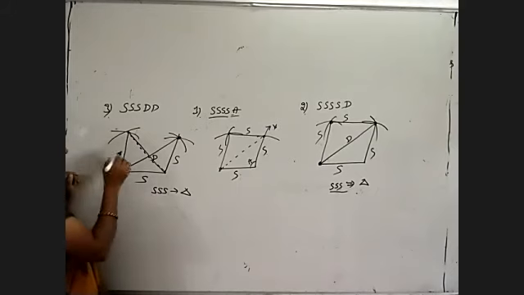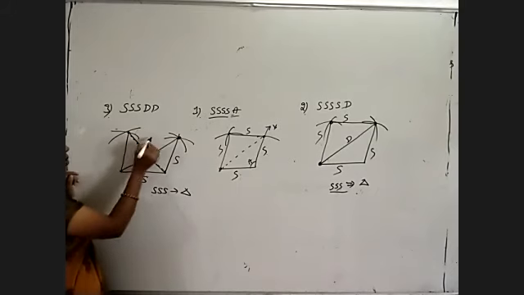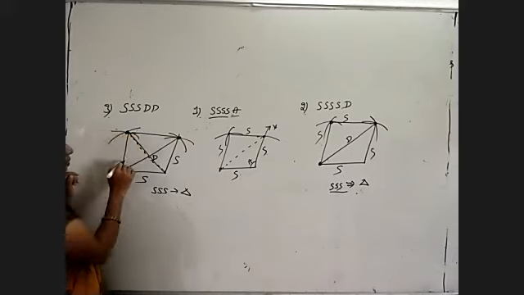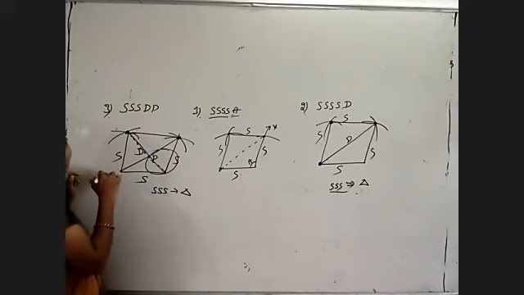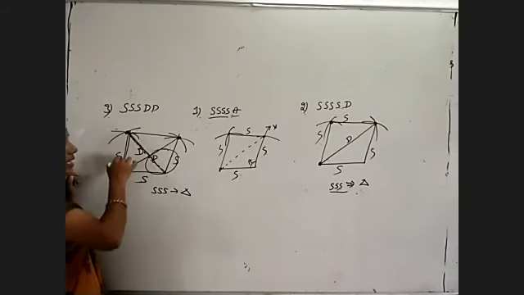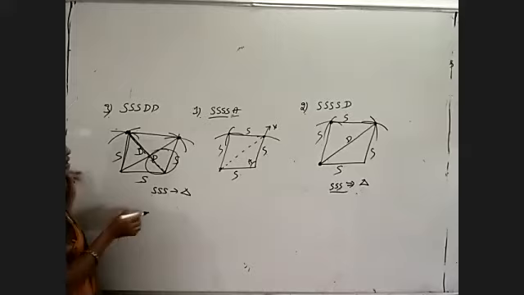This one is unknown, we just draw it. So this diagonal and this side we will use: side, diagonal. First we form the triangle. To get the fourth vertex, another diagonal and another side we will use. That's it.